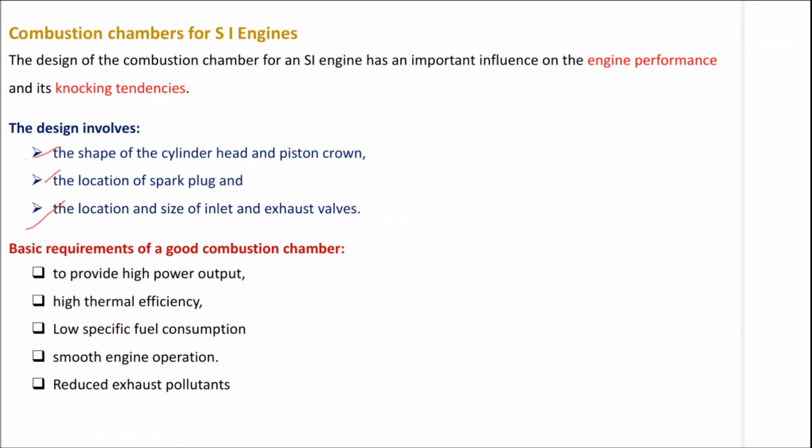Shape of cylinder head and piston crown. Depending upon that, the cylinder head should be either flat or hemispherical or curved like this. Okay, and the piston crown should be of wedge shape. Wedge shape means like that, or some smooth curved wedge shape like this.